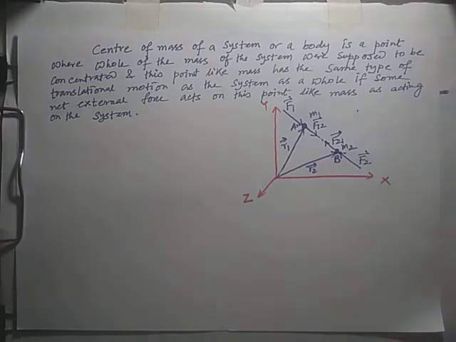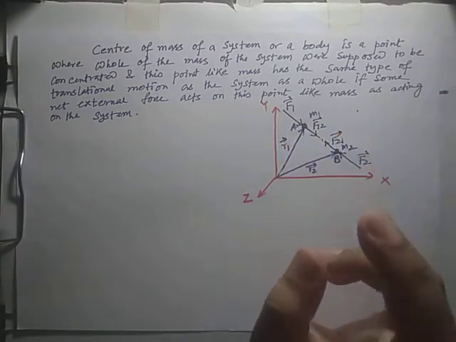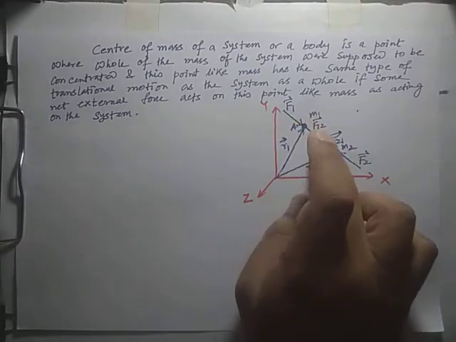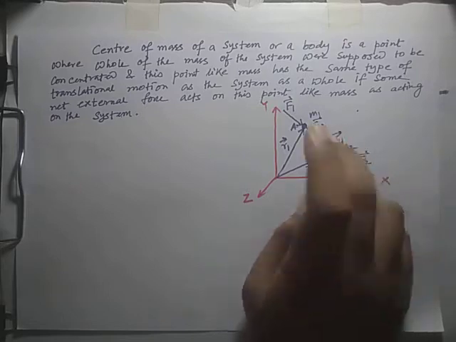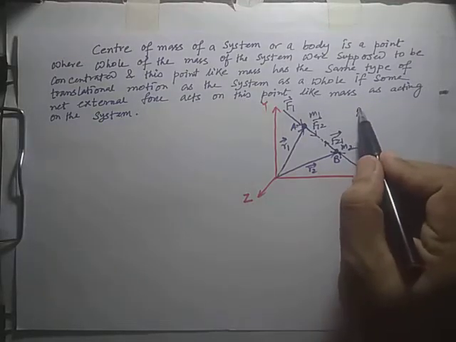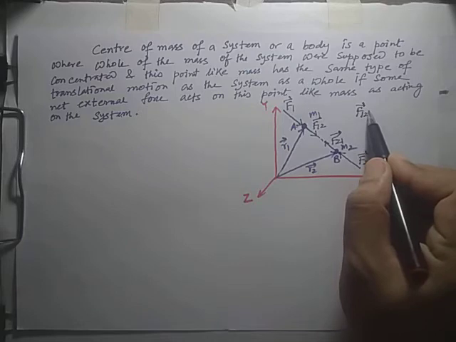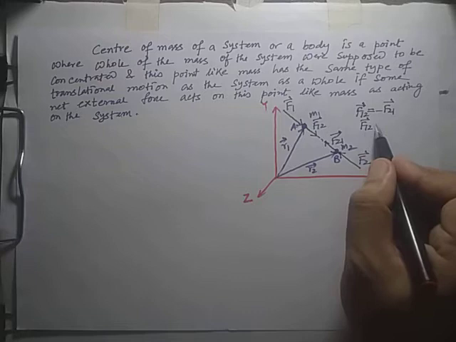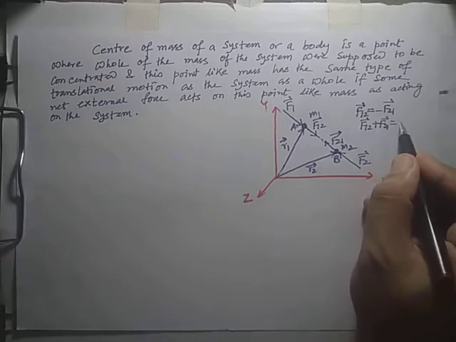F12 is the internal force exerted on particle A by B, and F21 is applied by particle A on particle B. So this is a reaction force. From Newton's third law, you can say that F12 is equal to minus F21, or F12 plus F21 is equal to 0.